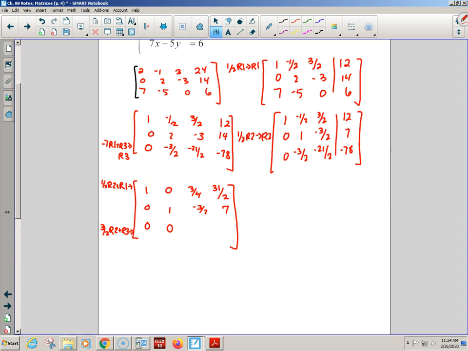Negative 9 fourths and negative 42 fourths. Negative 51 fourths. And 21 halves. 21 halves minus 156 halves would be negative 135 halves.